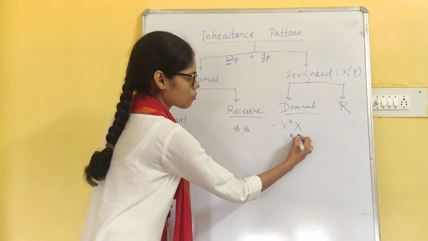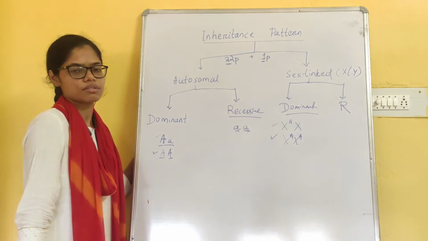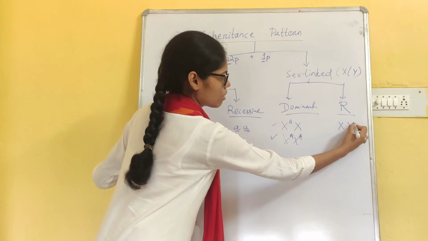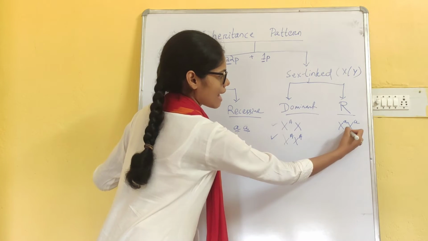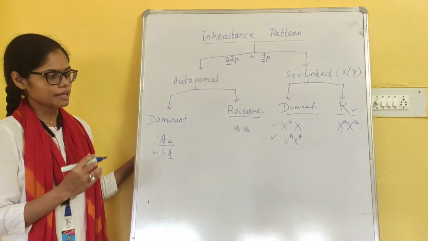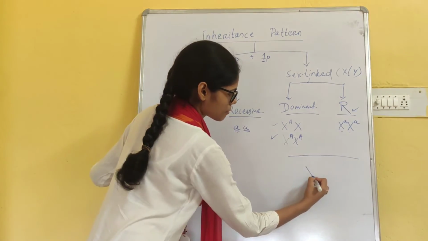Or if both the X chromosome alleles are affected, then also the disease will be shown. But in case of recessive, what will happen? Both the alleles have to be present for the disease to occur. But the case of males is different.